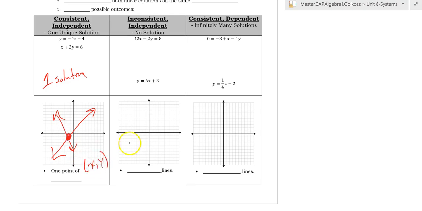No solution means I have 2 lines that no matter how far I go on, they never touch one another. These are parallel lines. And our last one, infinite solutions, is when I have 2 lines, but in reality, they're the same line. So here the equations might look different, but the lines are exactly the same.